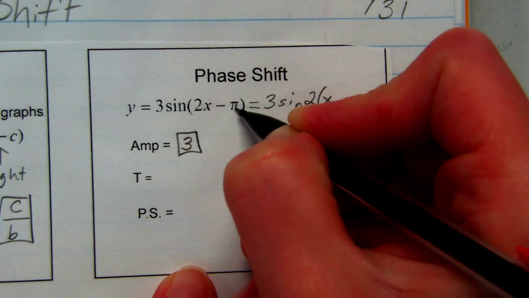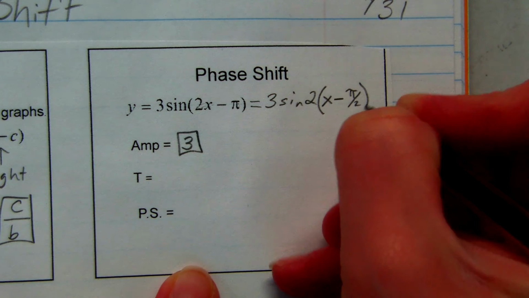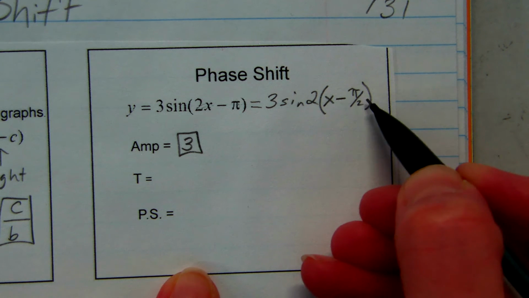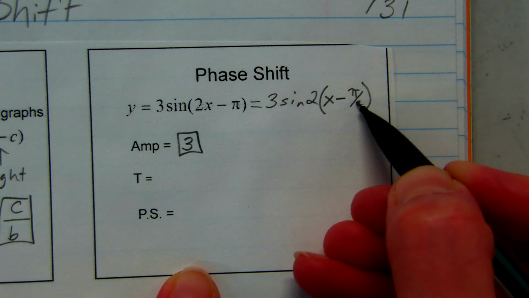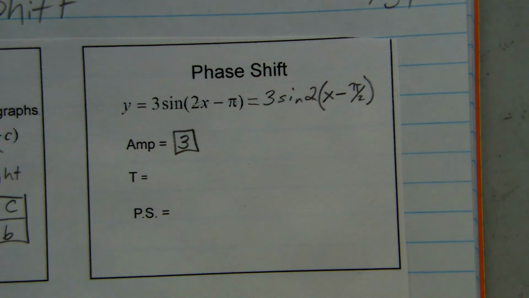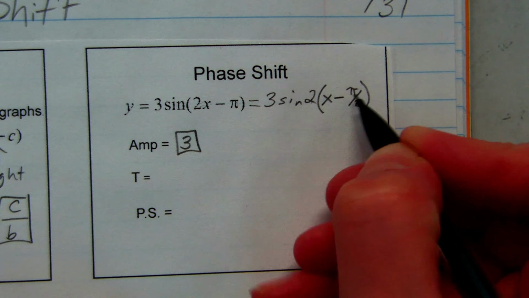And then I have to take a 2 out of pi, so I'm just going to call that pi divided by 2. And what that does is it makes it where I can actually see how far left or right I'm moving, and removes the fact that we have a weird different period. It's not a normal parent function. It's been changed a little bit, and that kind of removes that from the situation so that we can see clearly.